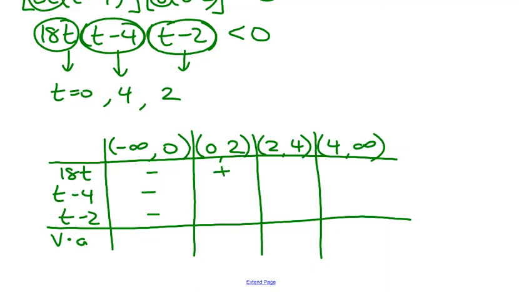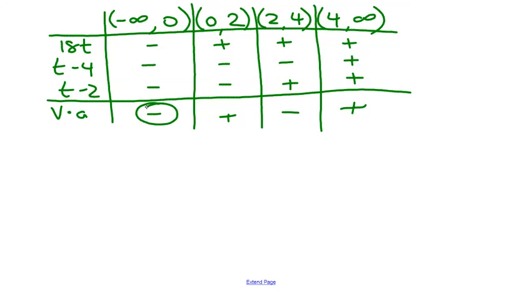You're going to get a positive, negative, negative. Choosing 3 in my next region and plugging it in, I'm going to get a plus, a minus, and a plus. And then maybe a really ginormous number like 100, plugging it in, I'm going to get all pluses. So at the end, I'm going to get a negative, a positive, a negative, and a positive.